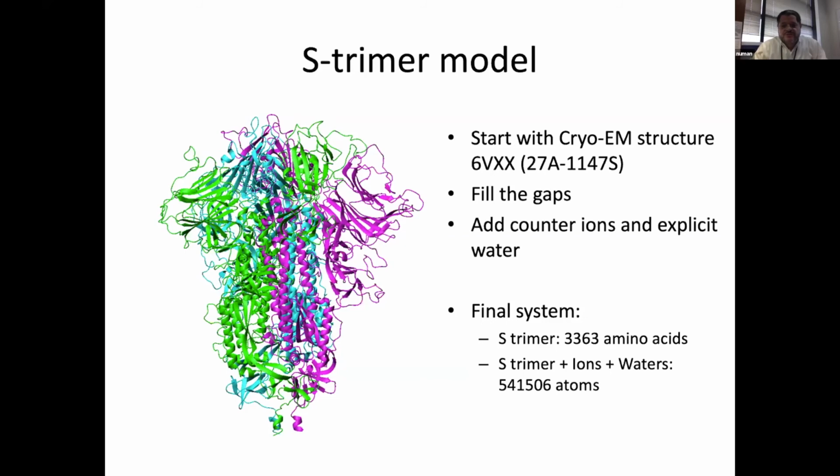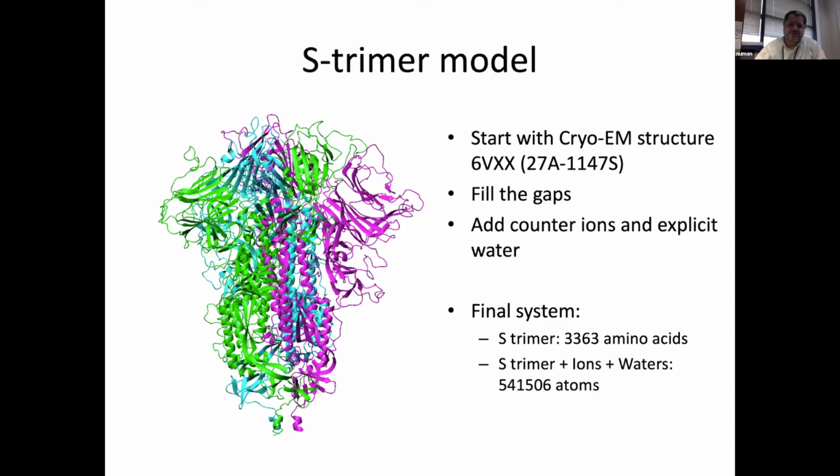The trimer has 3,300 amino acids, and if I count together the ions plus the waters and so on, I end up with 500,000 atoms. This is a very large system to simulate, and therefore the huge computational resources that I was granted access to are very welcome right now.